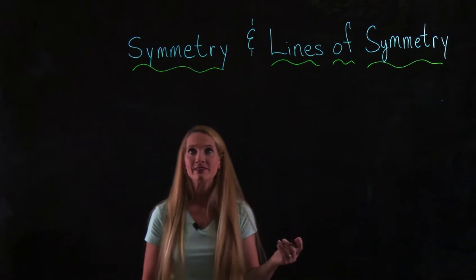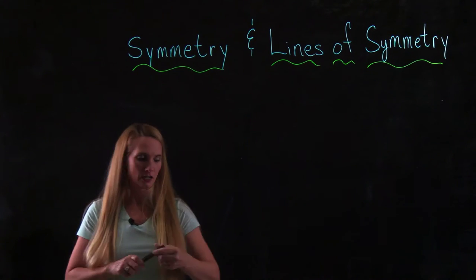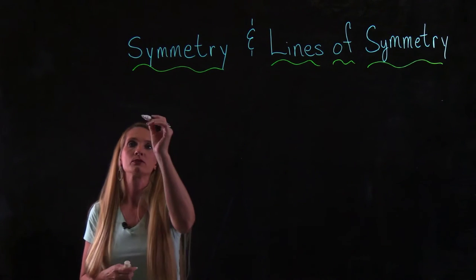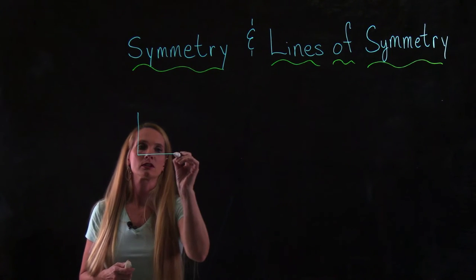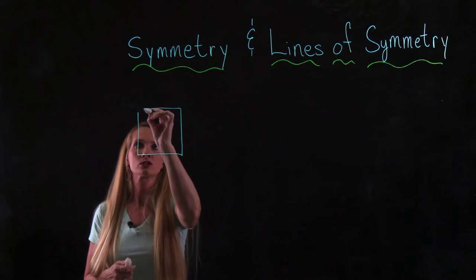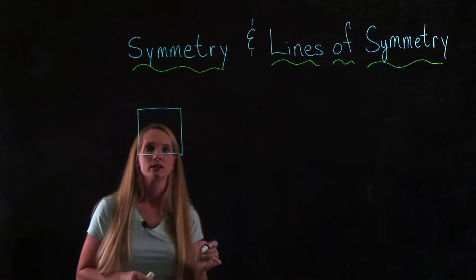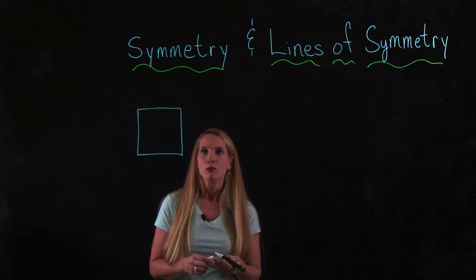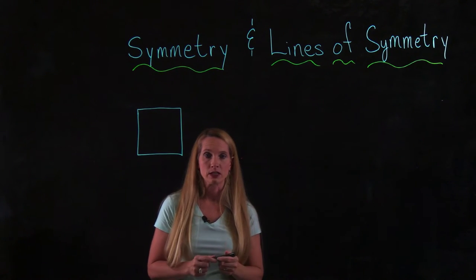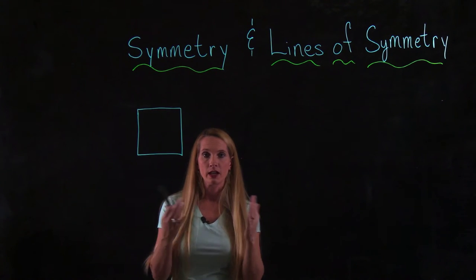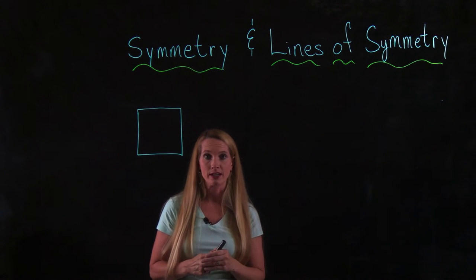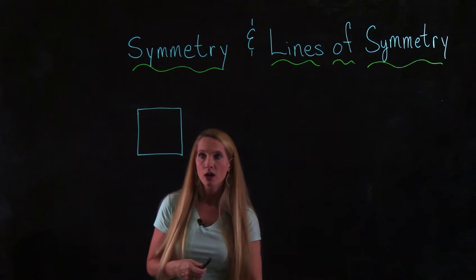If I was to do a square, so I'm just going to take a regular square. Sorry if my sides aren't exactly the same, but if I was to fold this, how many lines of symmetry could I get? Quite a few.